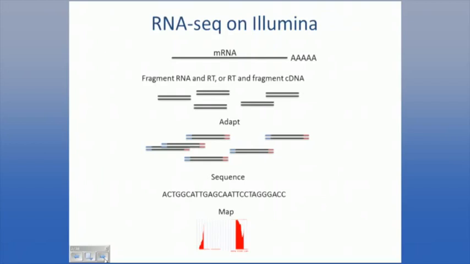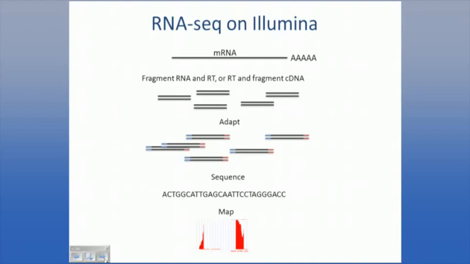So here's a really brief schematic on how RNA-seq works on the Illumina platform. First, you take an mRNA, and you can either fragment the mRNA prior to labeling, or you can reverse transcribe and then fragment the cDNA.